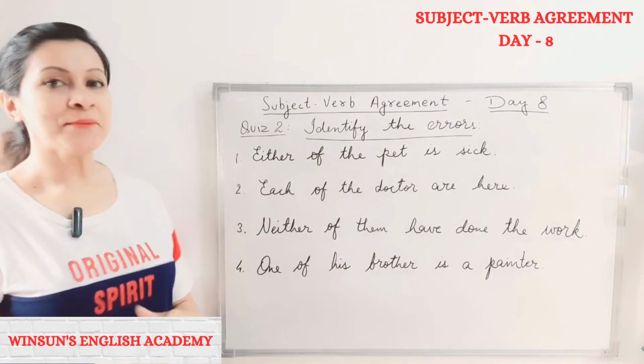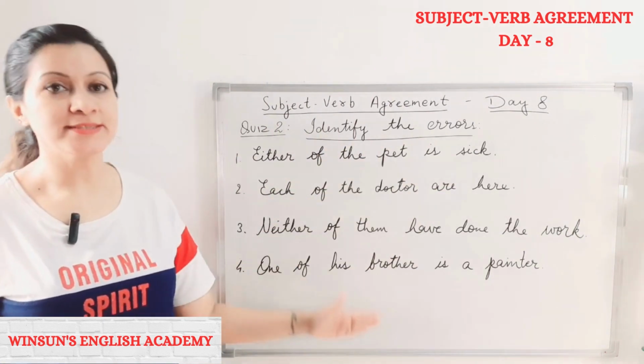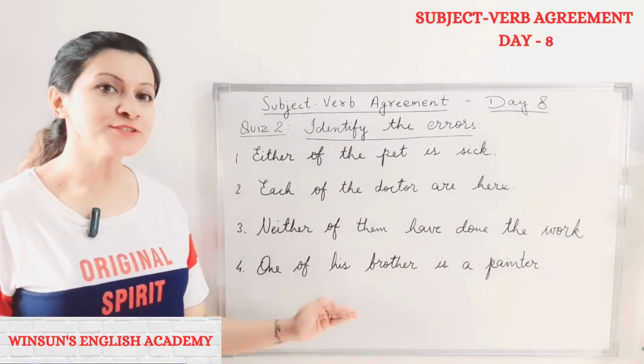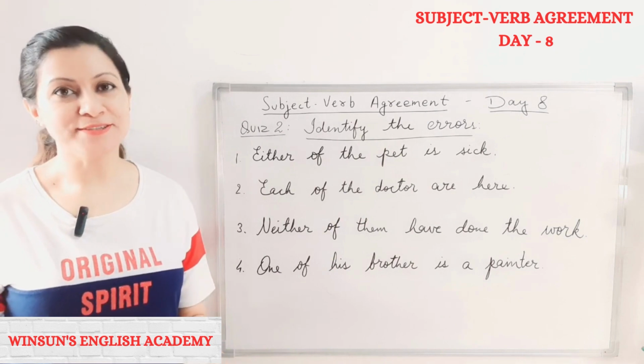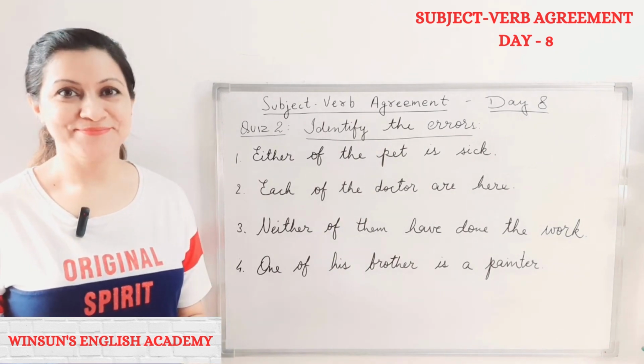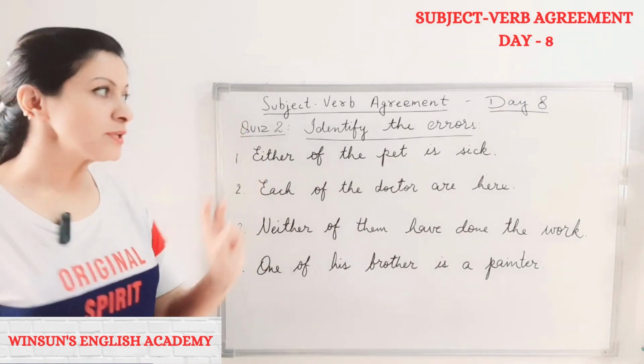Here's your quiz number 2. You have to identify the errors in these following sentences. So, pause the video, quickly find them. I'm right here with the answers waiting for you. Ready? Great. Now, what are the 2 rules we learned?